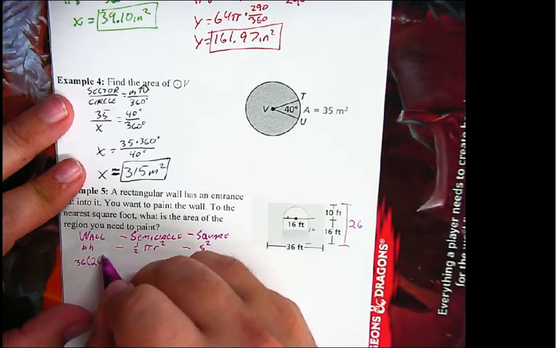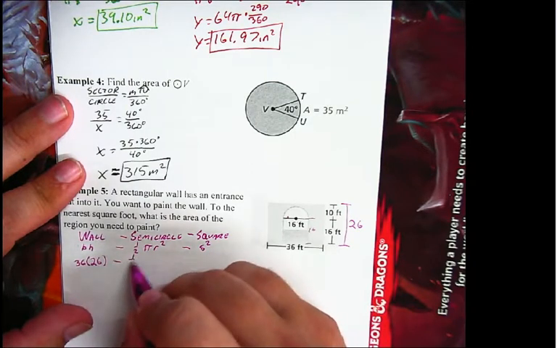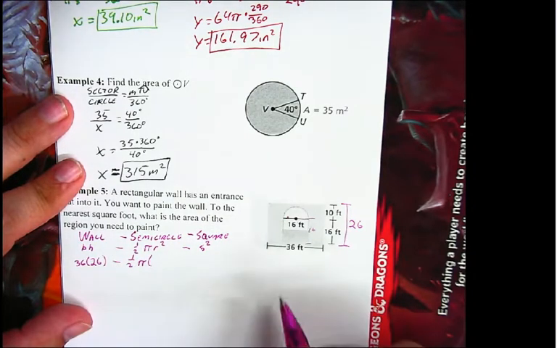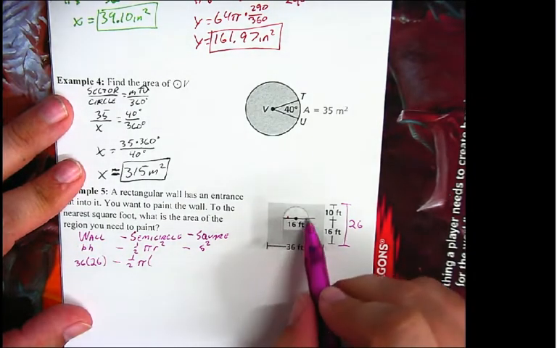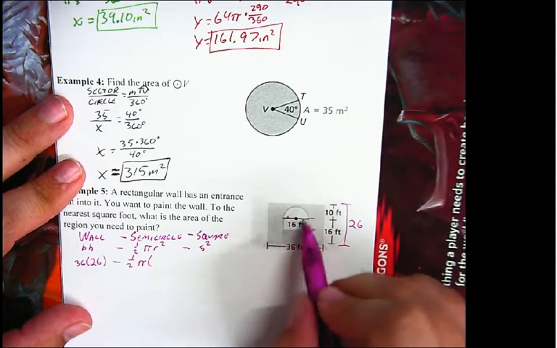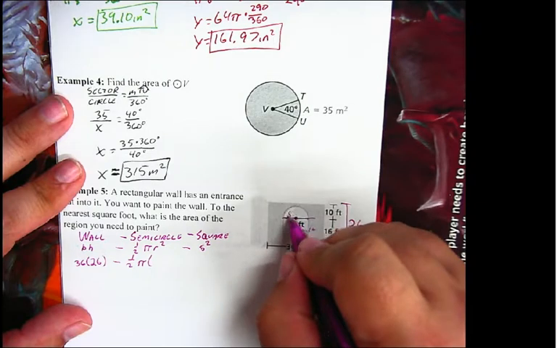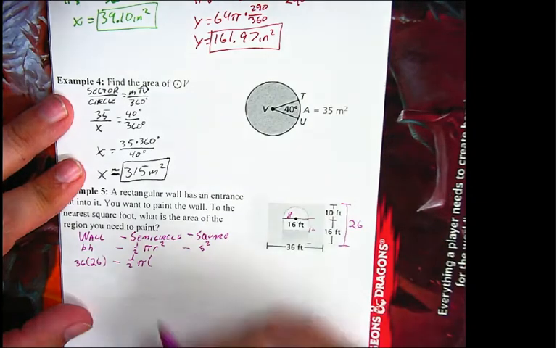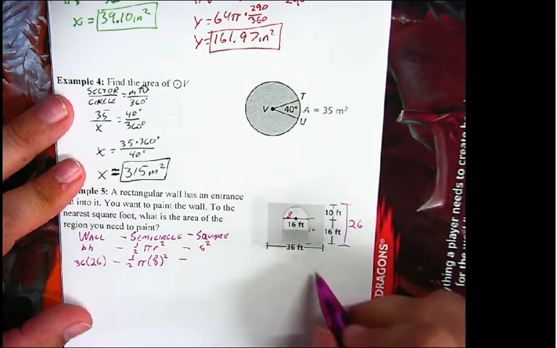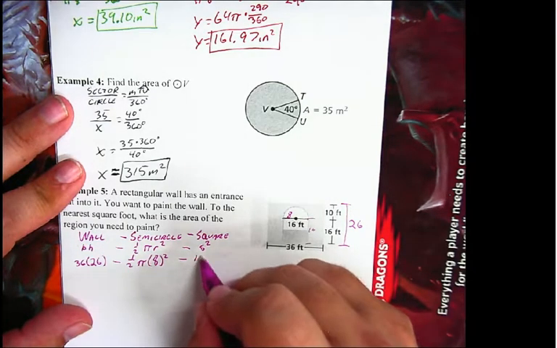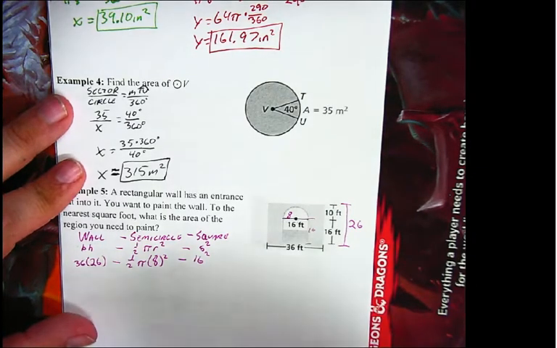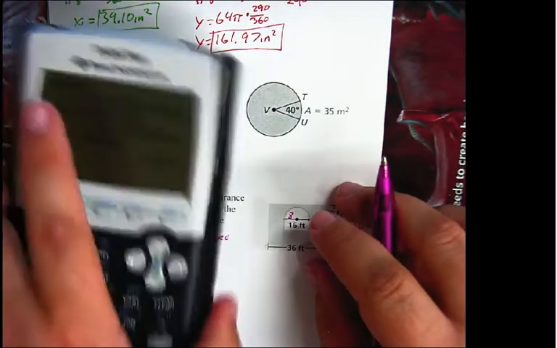So 26 minus 1/2 times pi times r. Well, let's see. We don't have r, but we do have diameter, right? So if the diameter is 16, the radius is going to be 8. So 8 squared minus side squared, so 16 squared. And we're just going to stick this in the calculator, see what it says.